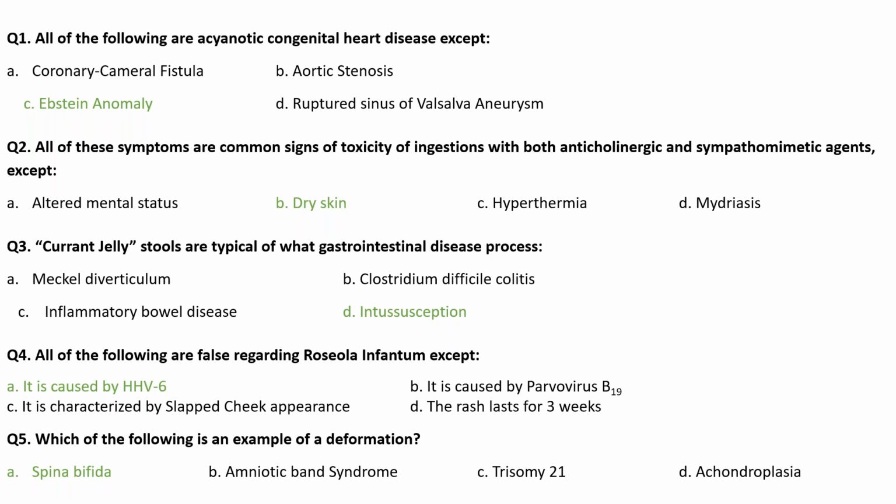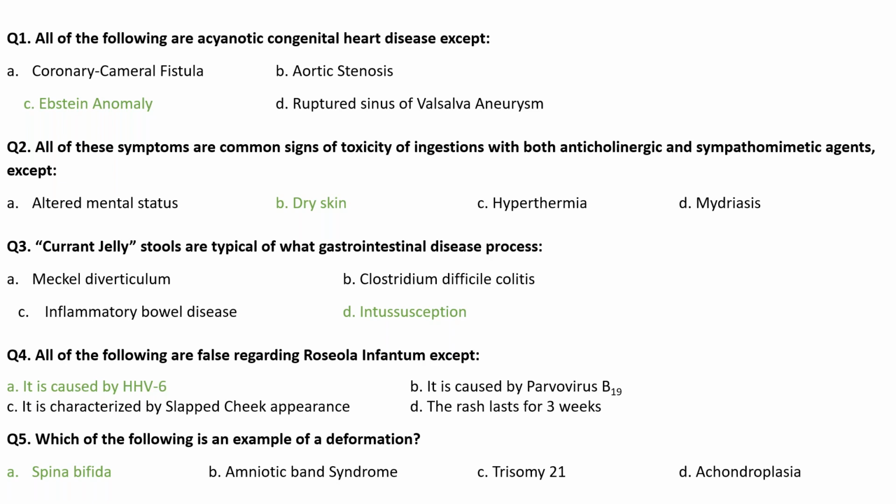So the first question was, which of the following are acyanotic except. Epstein anomaly is a cyanotic heart disease. It is associated with right to left shunting of the blood. The next question was, all of these symptoms are common signs of toxicity of ingestion with both anticholinergic and sympathomimetic agents, except.